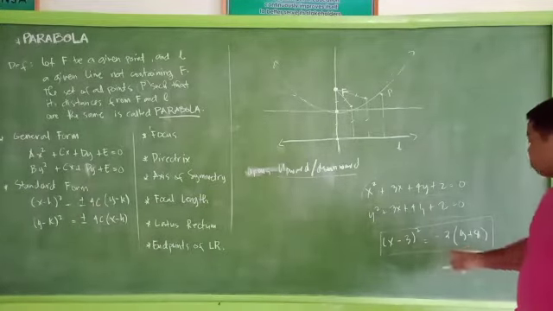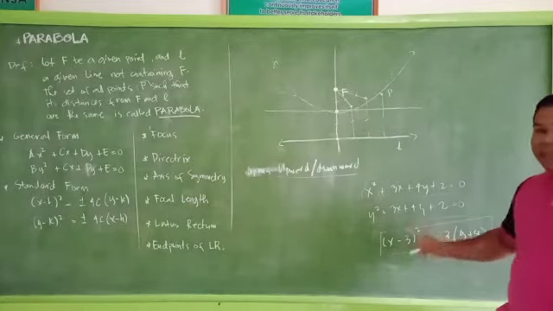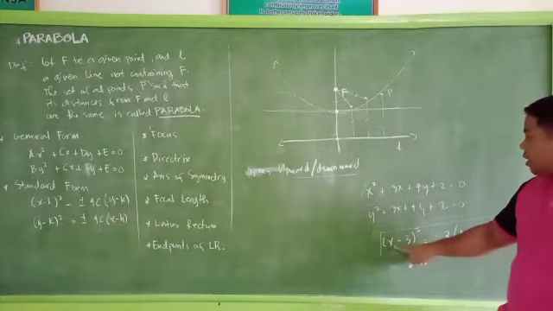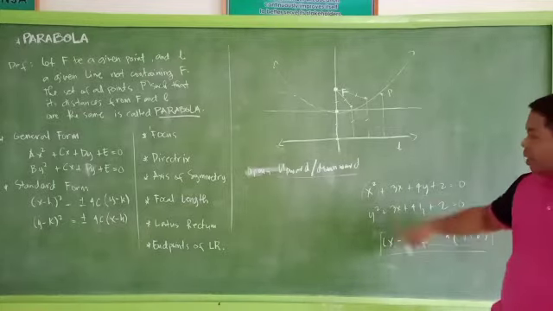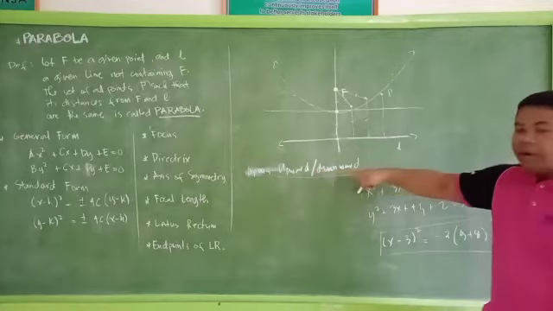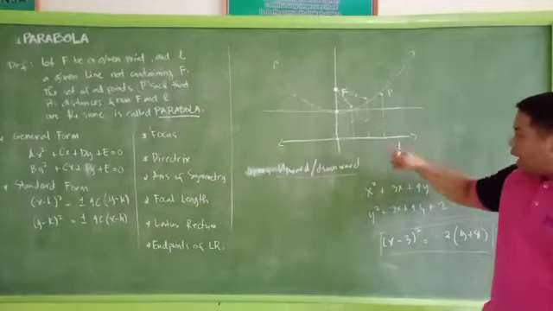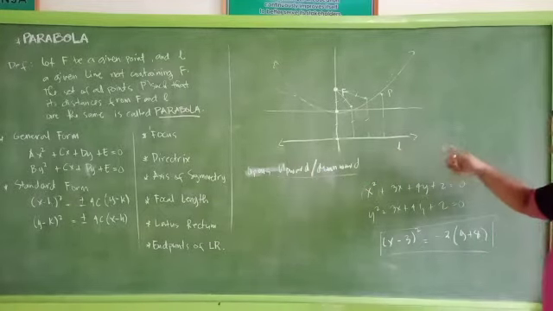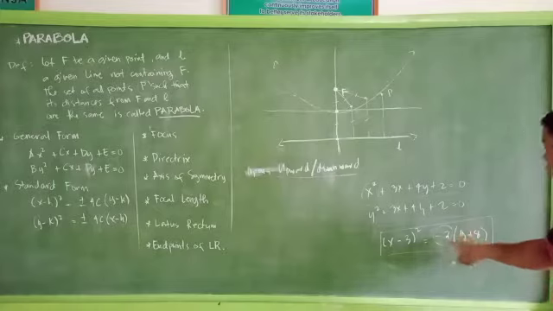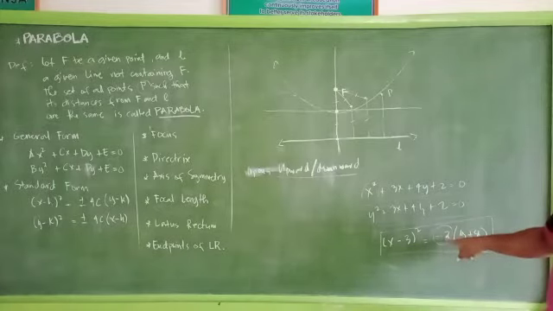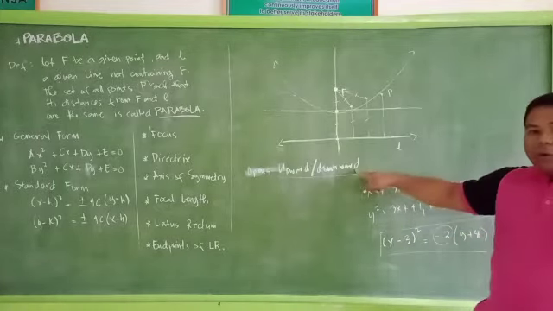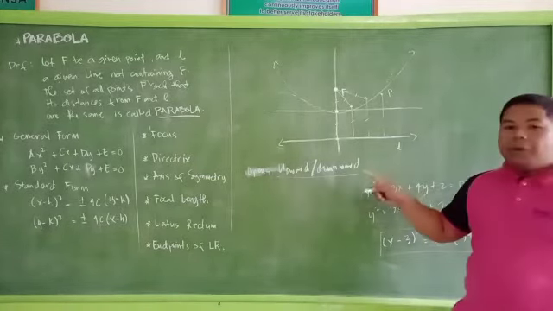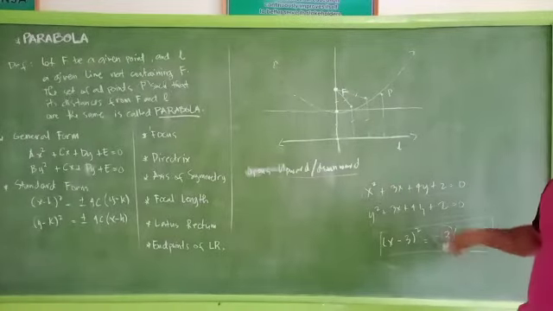So what would you expect sa equation na to? Unang-una, titignan natin, since x yung naka-square dito, obviously, dapat yung orientation ng parabola natin, it should be opens upward or downward. Pangalawa, alin sa kanilang dalawa dyan? Downward ba or upward? Yung titignan naman natin is ito. If maging negative to, meaning to say, downward yung opening ng parabola natin. If in case naman maging positive to, magiging upward yung opening ng parabola natin.